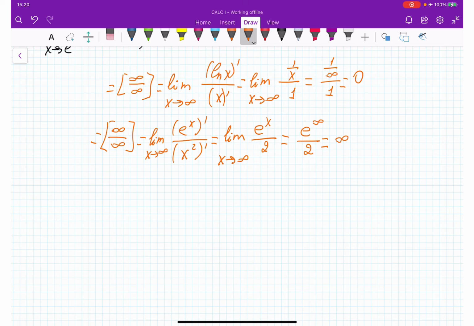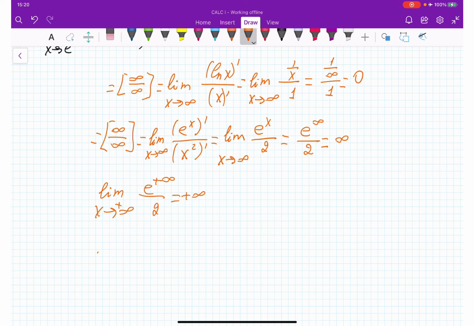Now I would like to look at the cases of one-sided limits. What if I have the limit as x approaches positive infinity, and I have e to the power positive infinity over 2, we get a positive infinity result.